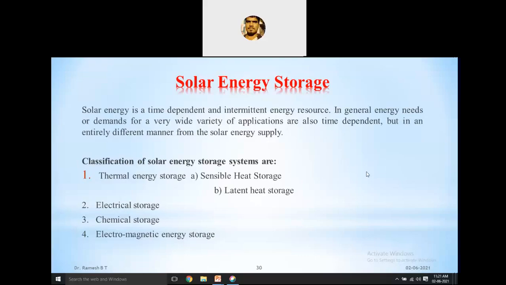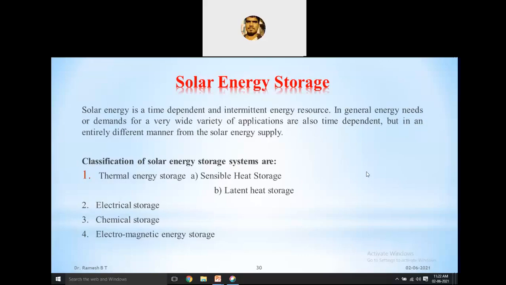So obviously, energy previously stored during a high radiation time, when the peak radiation is available, can be used to provide a continuous supply where the radiation is very less or where the energy is required.